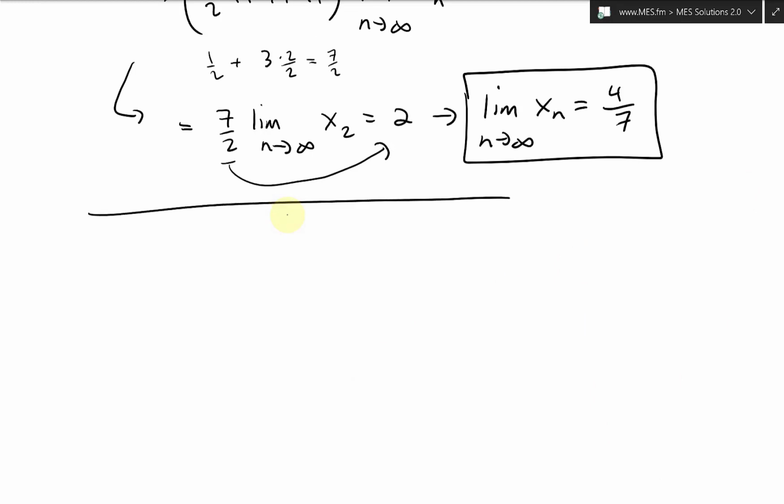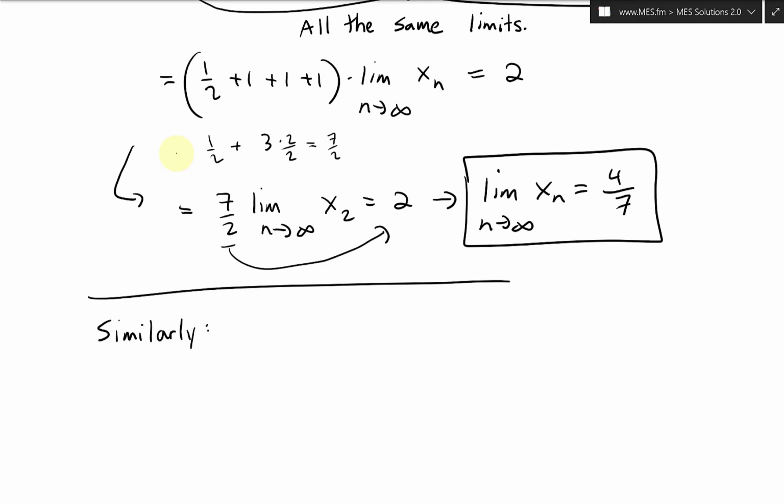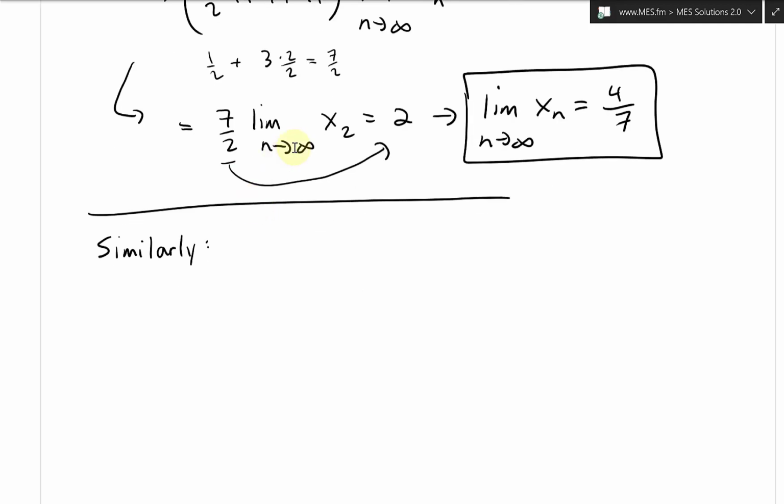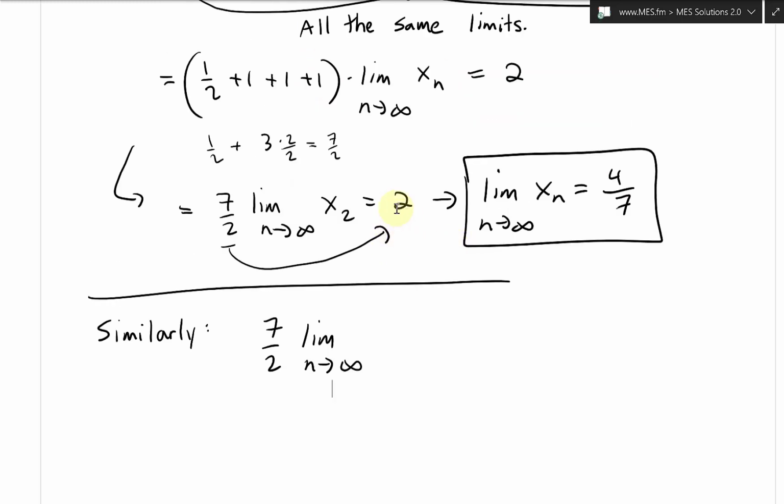Similarly, we can do the same thing for y, but instead of equaling 2, it equals 3 over 2. It's the exact same thing: 7 over 2 times the limit as n approaches infinity of yn equals 3 over 2.